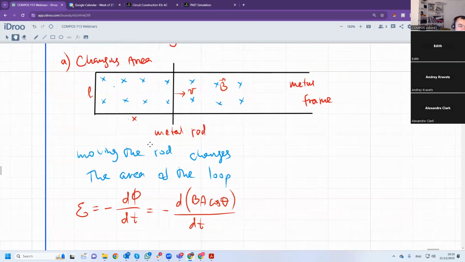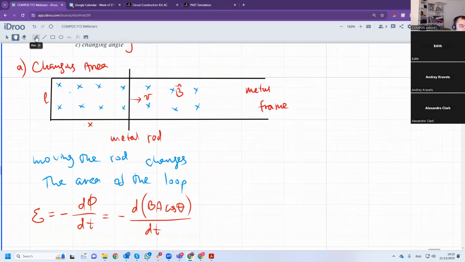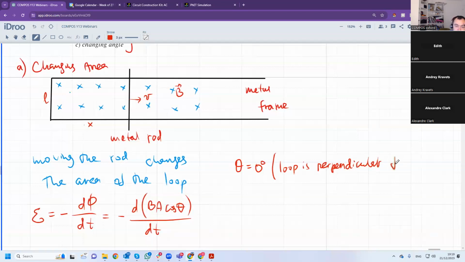Theta is 0 degrees, of course, because the loop is perpendicular to the field.